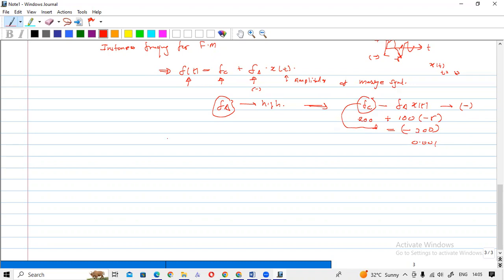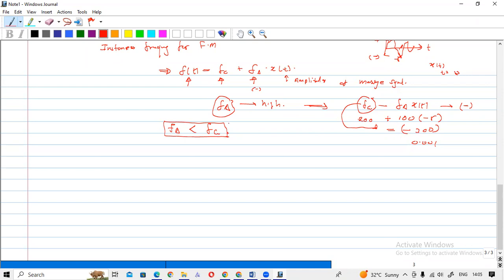Normally, it is defined that this f delta cannot be greater than the carrier frequency. This is a condition: the frequency deviation should not be greater than the carrier frequency, to avoid this minus frequency value.